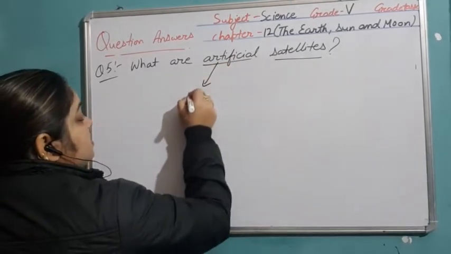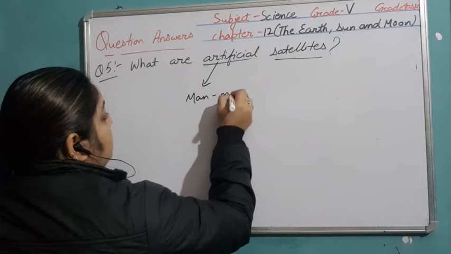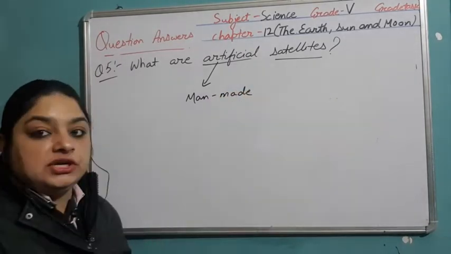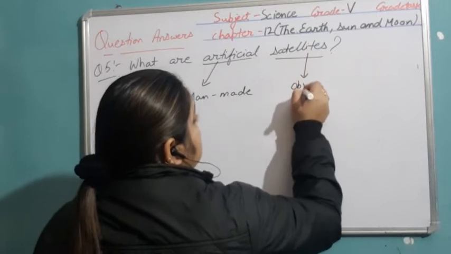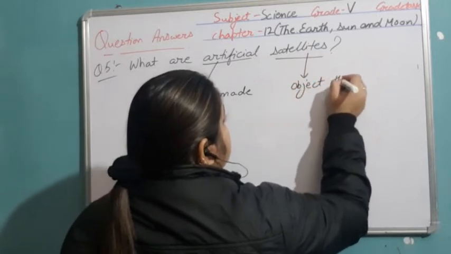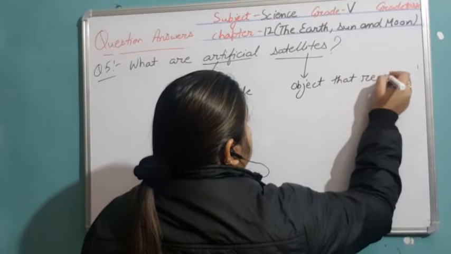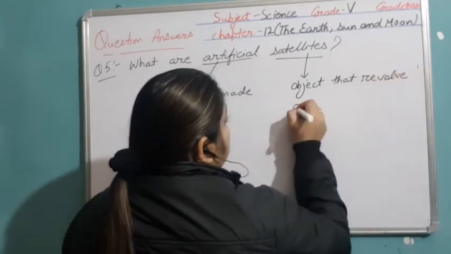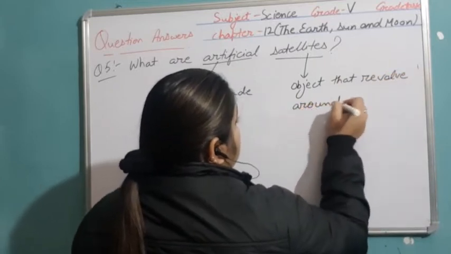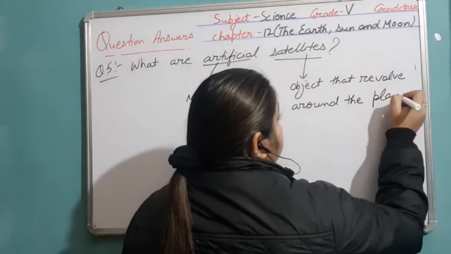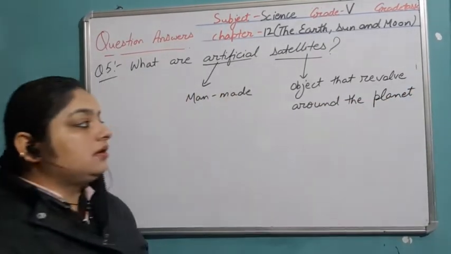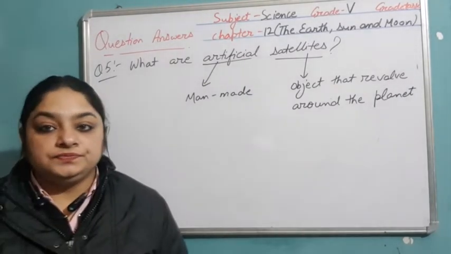Artificial, which is made by man, which naturally does not exist. Second is satellite. A satellite is an object that revolves around a planet. We call it a satellite.